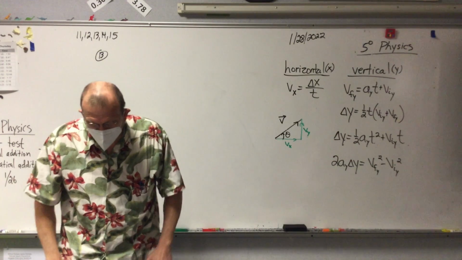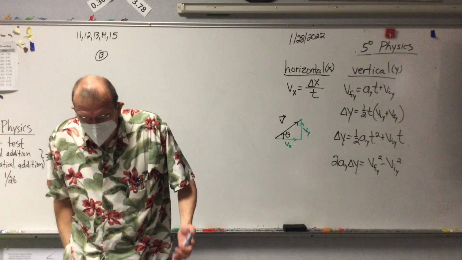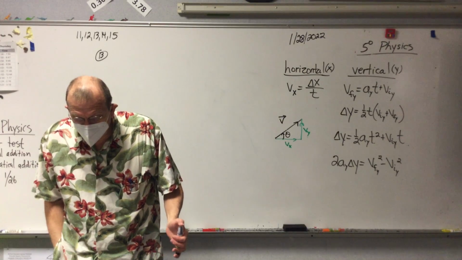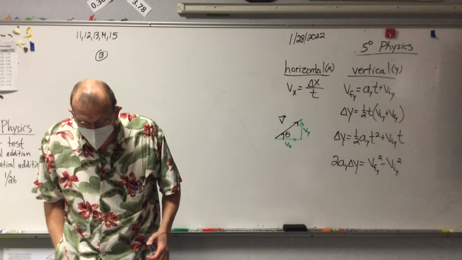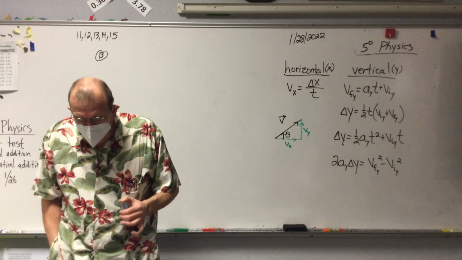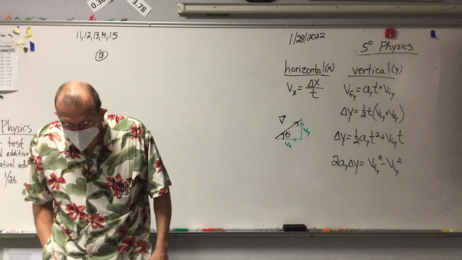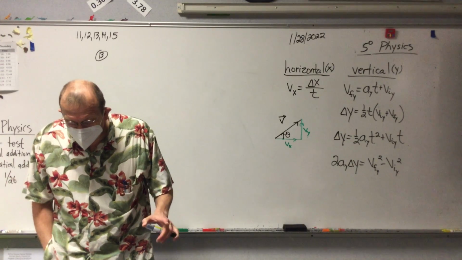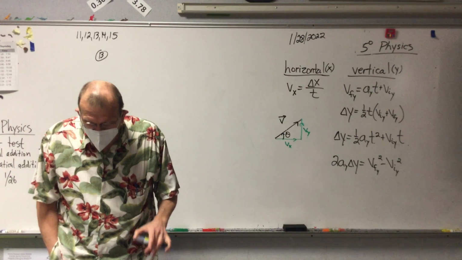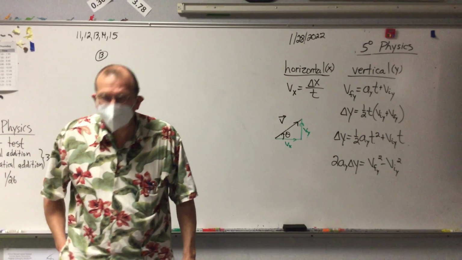Okay, 13. A tennis player, 12.6 meters from the net, hits the ball at 3 degrees above the horizontal. To clear the net, the ball must rise at least 0.330 meters. The ball just clears the net at the apex of its trajectory. How fast was the ball moving when it left the racket?